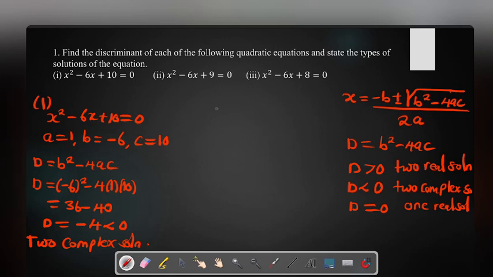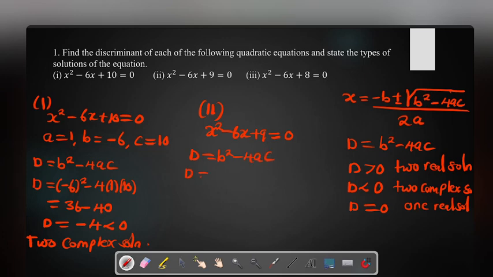Now part 2: x squared minus 6x plus 9 equals 0. Again, the discriminant is b squared minus 4ac.